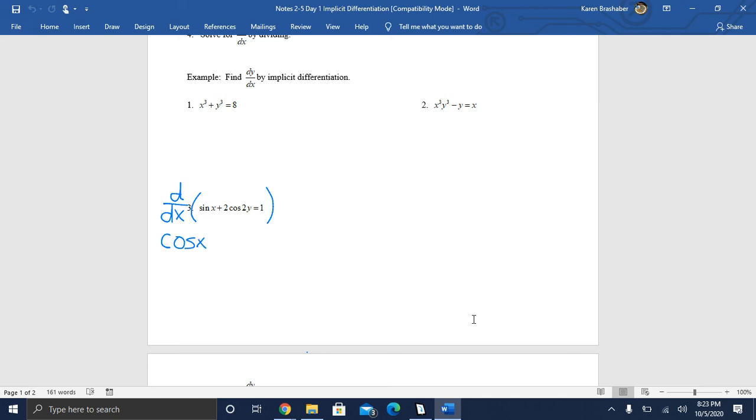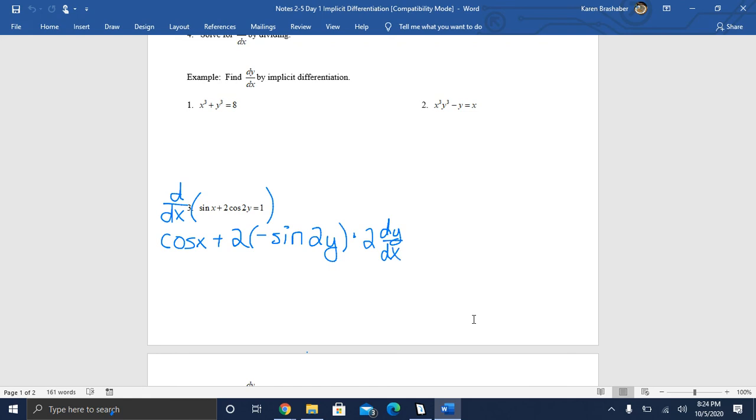And then we're ready to move to the plus 2 cosine 2y. So plus, now my derivative of 2 cosine 2y would be 2, and it's the derivative of cosine, which is negative sine, and I keep my angle 2y, and then I have to multiply by the derivative of the angle, which is a 2, and it's a y, so I'll have to do dy dx.